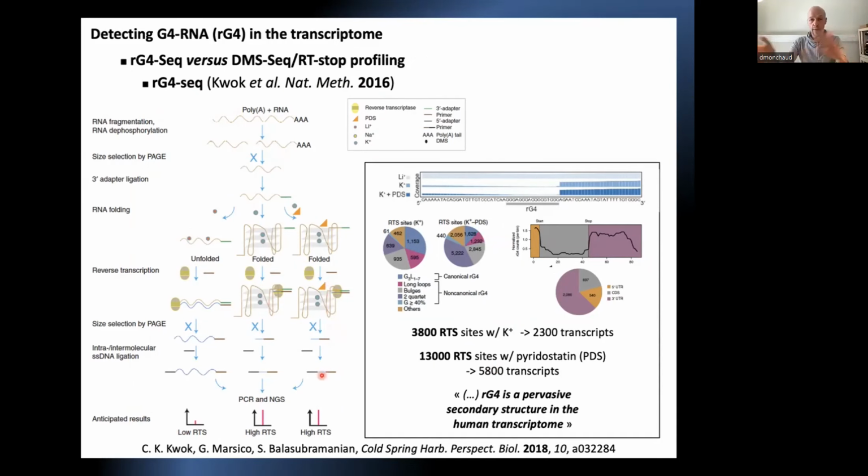You do some sequencing and analyze the three samples in a comparative manner, just in order to identify whether G4s fall within this pool of purified RNA. And the conclusion from the Shankar lab was that RG4, RNA G4, is a pervasive secondary structure in the human transcriptome.